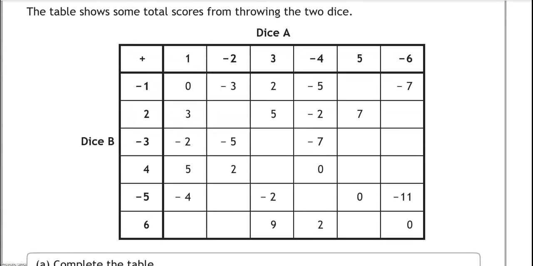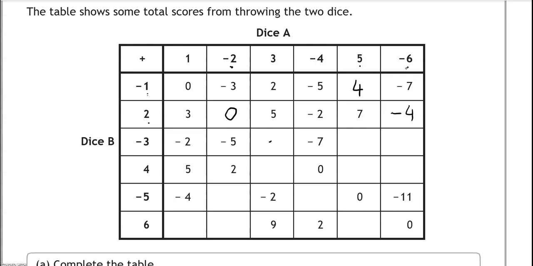Complete the table. So -2 add 2 gives us 0. We got 5, take away 1, that is 4, or -1 add 5 gives us 4. Now we've got -6. If we go up by 2, it's going to give us -4.